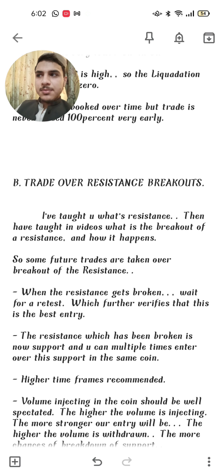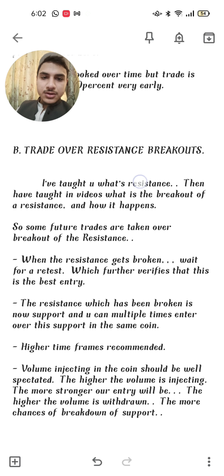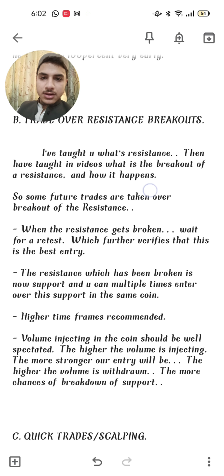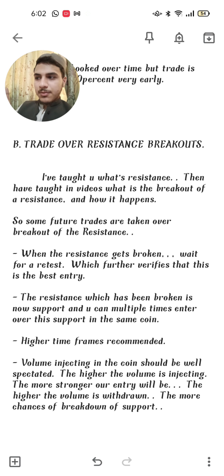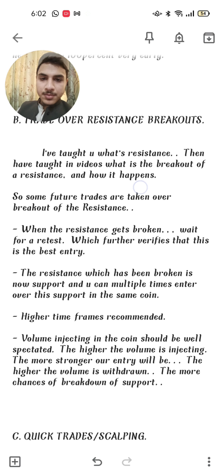So I'll be making a separate video for resistance and how the breakout of resistance works, and will upload on this YouTube channel. So stay tuned for that. I've explained that before for the premium members in the Discord group. So some future trades are taken over breakout of the resistance.